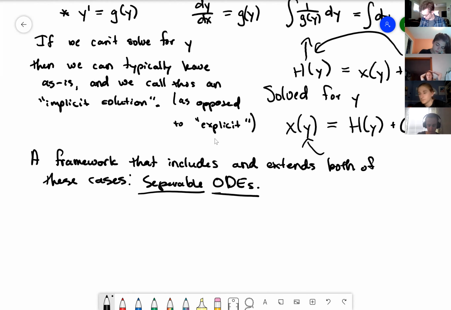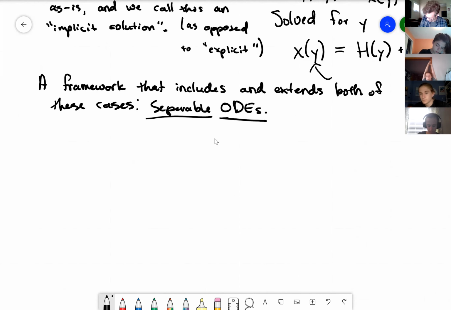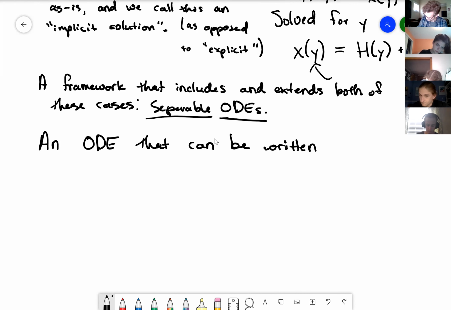Okay, what is a separable ODE? It is an ordinary differential equation that can be written y prime is equal to f of x g of y.